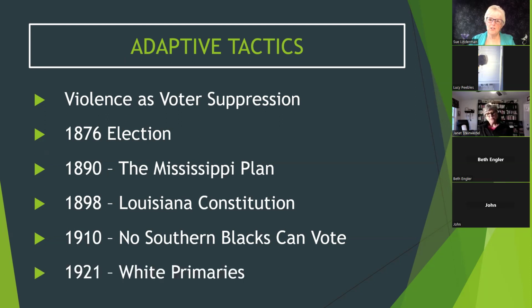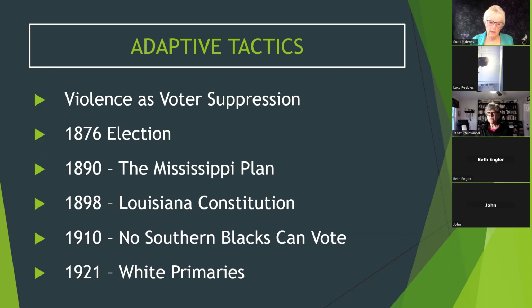One of the tactics that was utilized as efforts began to enable more Black people to register and to vote, as more were becoming candidates to cast votes, was that the states began to establish something called a white primary. And that was in order to keep African Americans out of the political process.